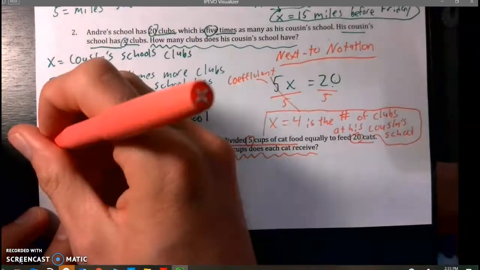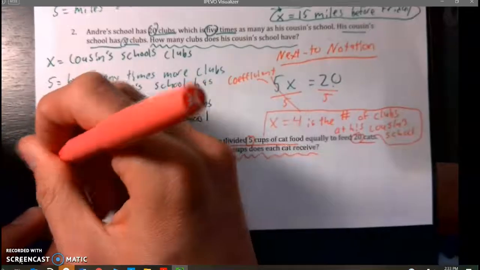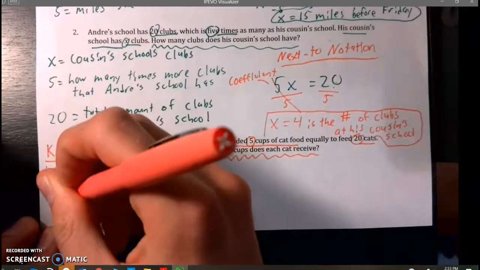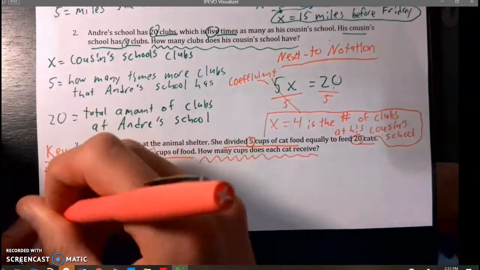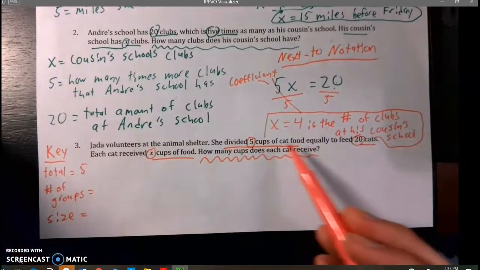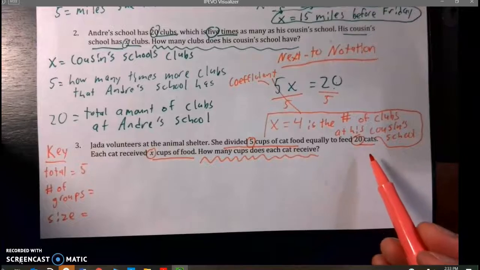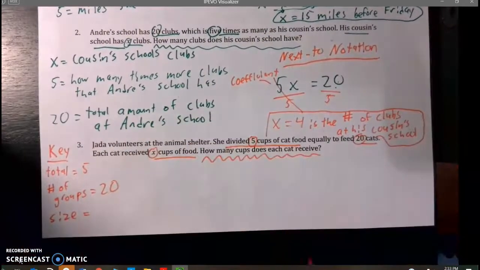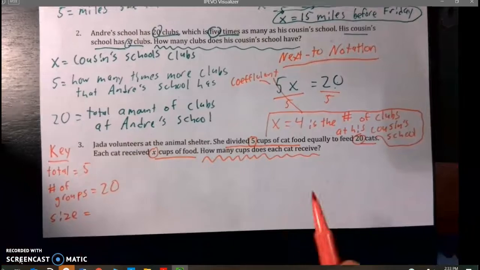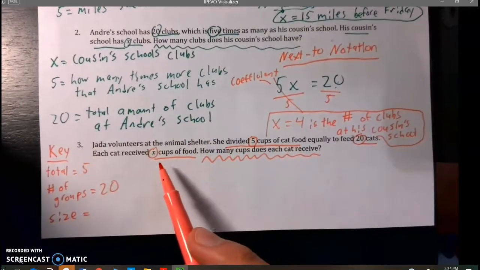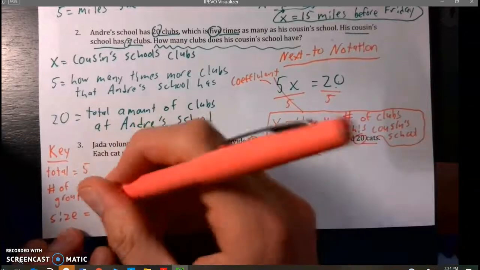Also, when we think about our division key, we've got the total, we've got the number of groups, and we've got the size of each group. So, these 5 cups are being divided to feed 20 cats. Each cat is going to represent a group, and then what we're trying to find is how much each cat got.